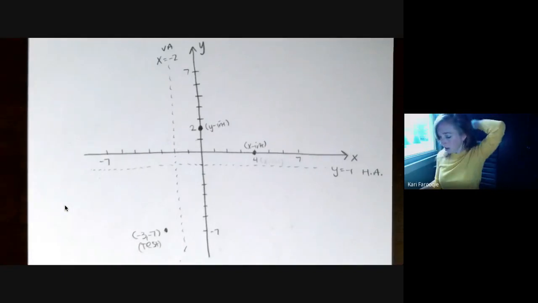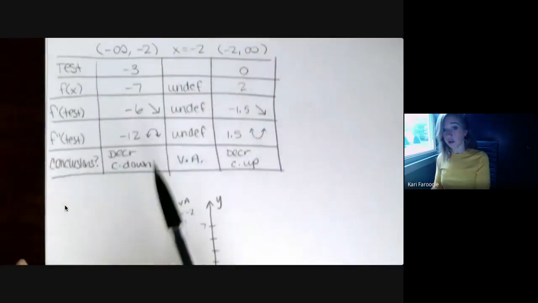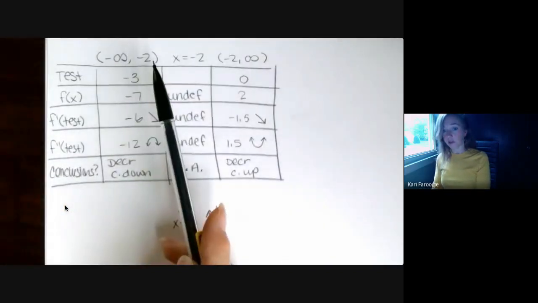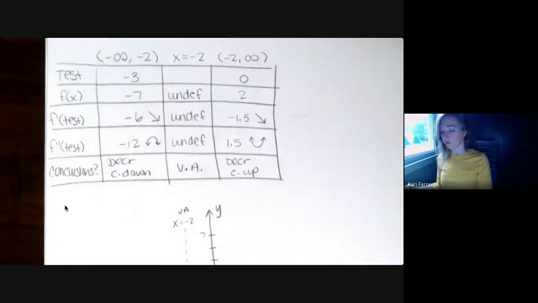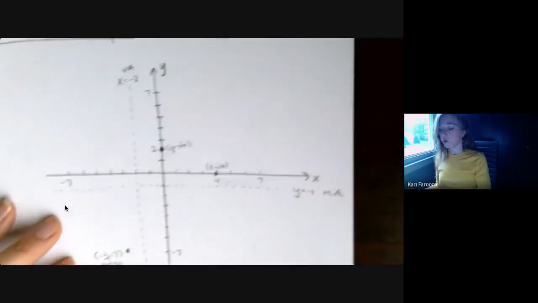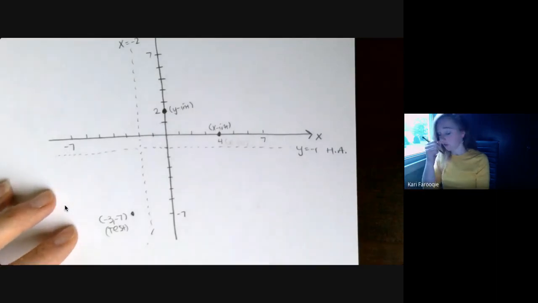Let's go ahead and use now the conclusions from the table to graph this function, to actually put these curves together. We know that on the interval from -infinity to -2, so that's to the left of the vertical asymptote, our function is decreasing and it's concave down. So here's the part where you need to actually think about what your graph must possibly be doing in order for you to be decreasing concave down.